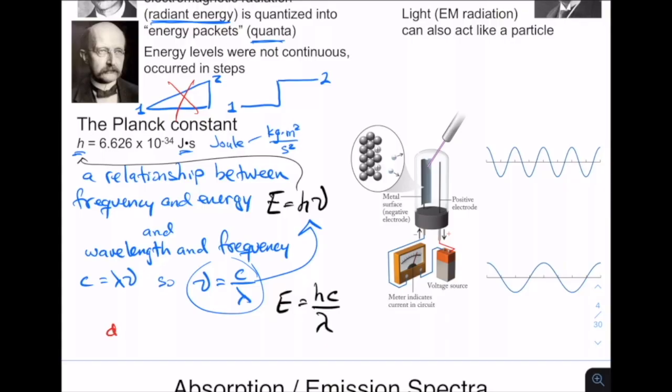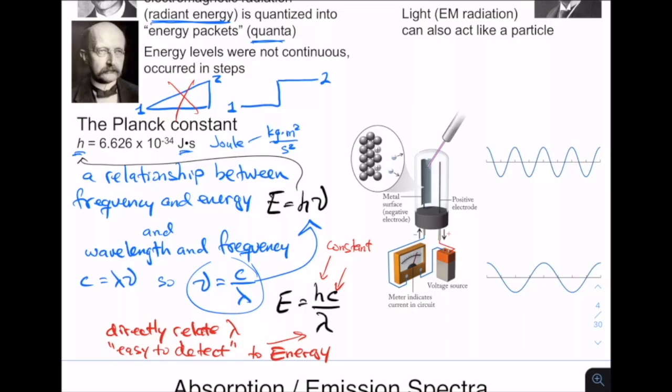So this equation will directly relate the wavelength, which we can easily detect, to energy, which is E, because h is a constant, and the speed of light is a constant as well. So if you can measure a particular wavelength of light, you will then be able to calculate what amount of energy is associated with that electromagnetic radiation that you visualize by that particular wavelength of light.